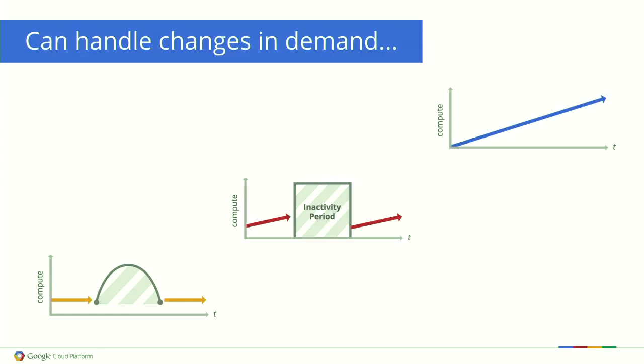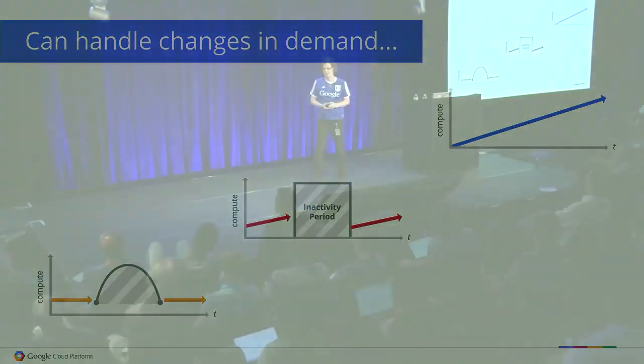And most importantly, if you have an application that has periods of inactivity, these could be on a daily basis, maybe at night in the location where you're running the application, on a weekly basis, on a monthly basis, on a yearly basis, maybe in summer holidays, then you won't be consuming any resources, so you won't be paying for anything, which is really important. And that's a huge difference from buying in-premise servers and putting them next to your desk in your garage, or buying space in a colo or something like that. So App Engine is extremely flexible when it comes to handling changes in demand.